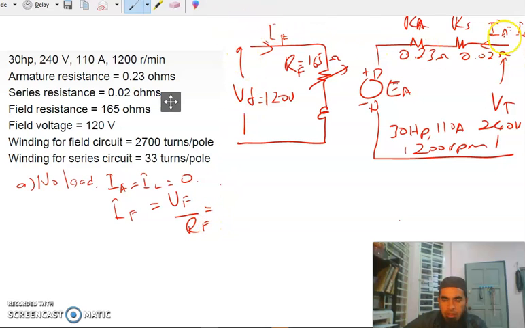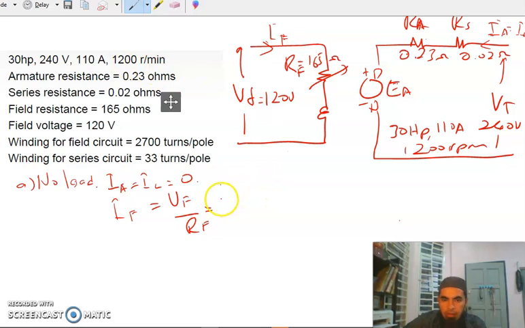Even though we have 0 current from the load, still at this operation, at no load condition, we have current that feeds into the field, which rotates the motor at 1200 rpm.